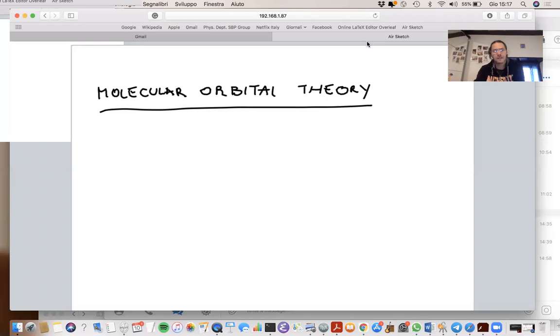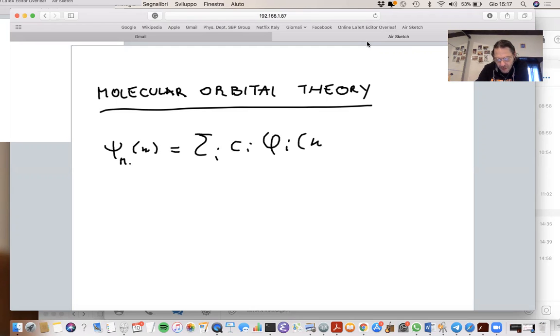Molecular orbital theory is an approach according to which the wave function for your molecular system can be written as a linear combination of coefficients times orbitals in which the electron is, you know, these are the orbitals of the electrons in each of the atoms of the system. So these are the atomic orbitals.